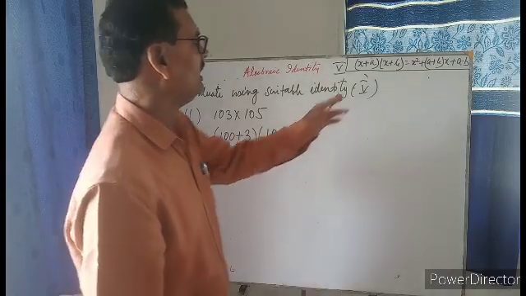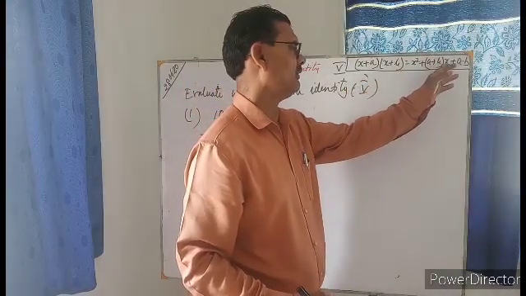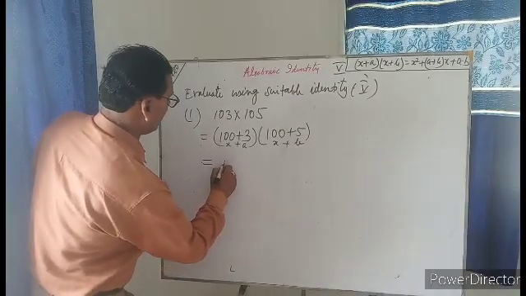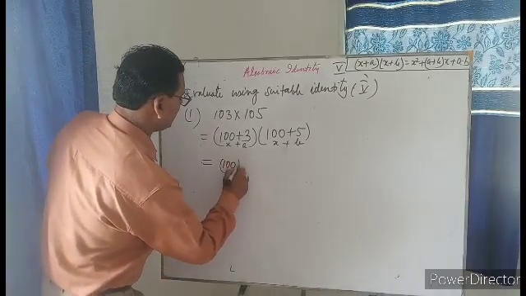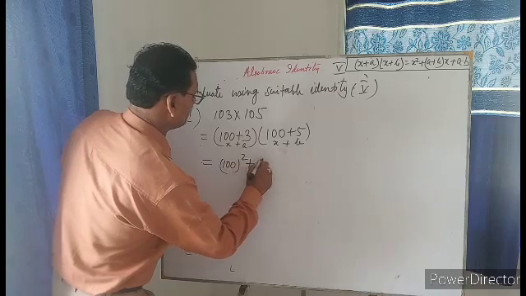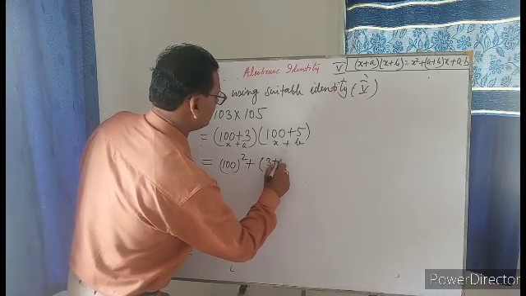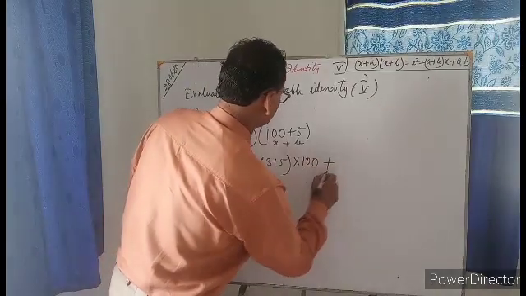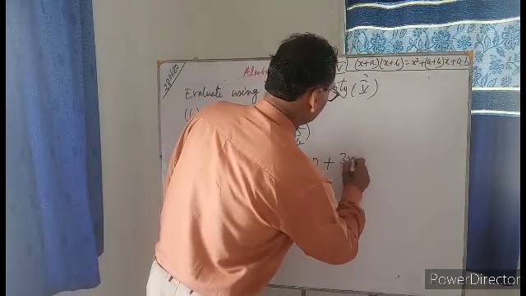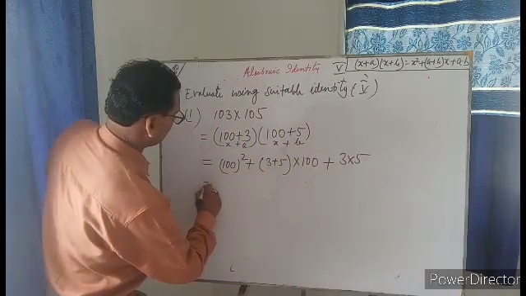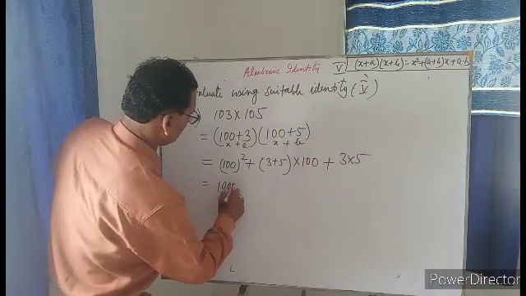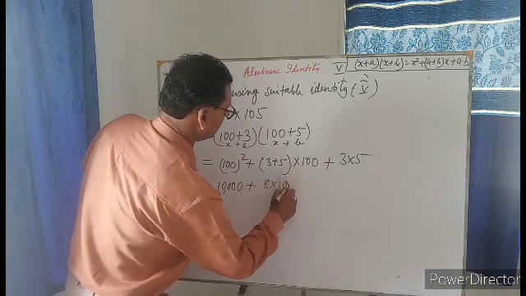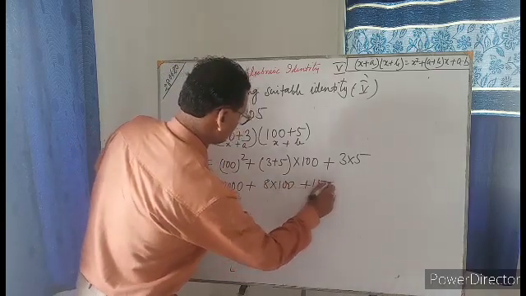And it is equal to x square plus a plus b whole into x plus a into b. So in this way we will write x square, that is 100 square, plus a plus b, 3 plus 5, into x, 100, and plus a into b, 3 into 5. In this way you will have 10,000 plus 8 into 100 and plus 15.